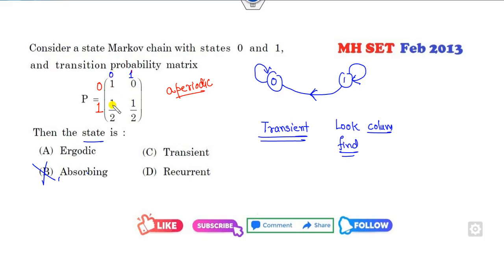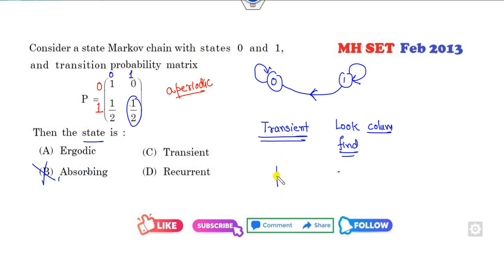This column has 2 values, skip it. This column has 1 value. Make sure this number is not 1. If this number is not 1, then only can you check for transient. Firstly, I will tell you the tip.